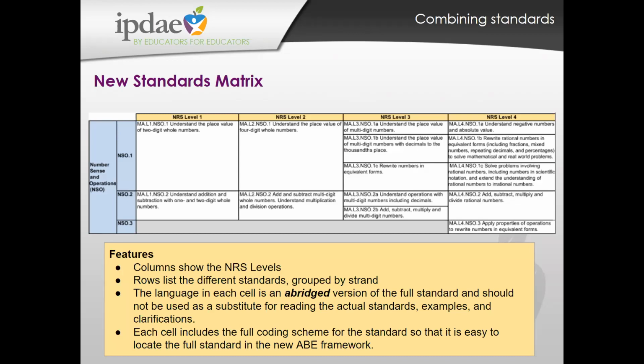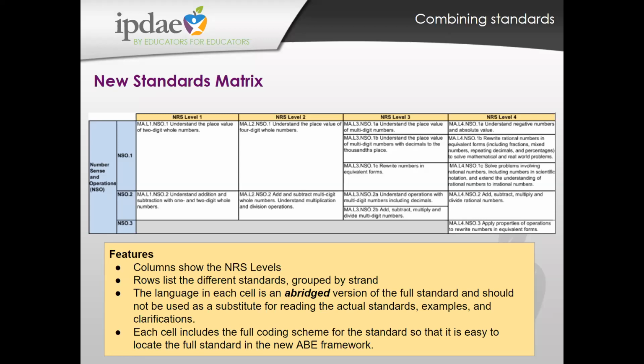And this is a zoomed in picture of a single strand. This is the number sense and operations strand. And you'll also see in this box some of the key things that were preserved and key changes that went into the design of this new tool.